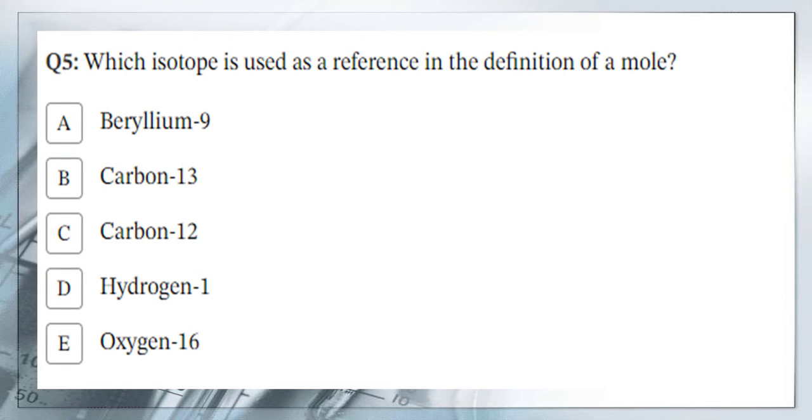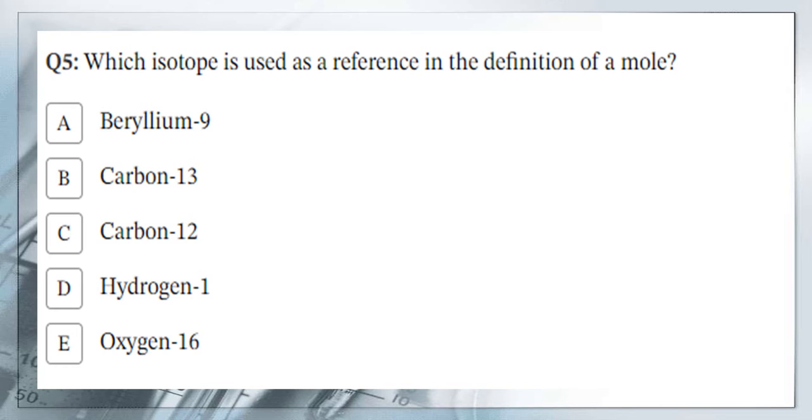Question number 5. Which isotope is used as a reference in the definition of a mole? I said before that we have taken the carbon atom. Carbon's stable isotope, which we have taken, consists inside the nucleus of 6 protons and 6 neutrons, and around the nucleus we have 6 electrons.